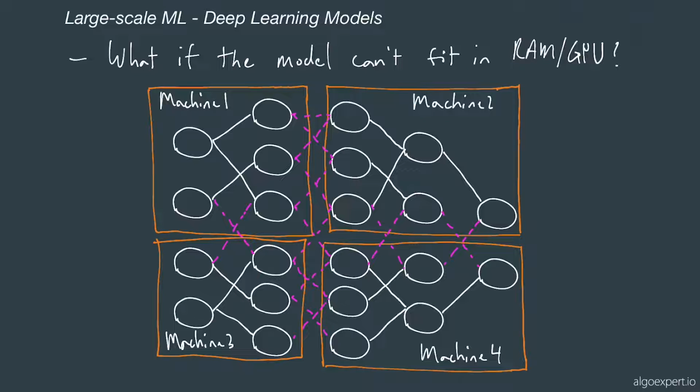Generally, this will work better with convolutional neural networks than fully connected networks. For instance, if every node was attached to every other node, then a lot more communication would have to be done here. But in terms of convolutional neural networks, if we have a small receptive field or small locality, that means that there will be less communication across machines. This will make the entire process more efficient.